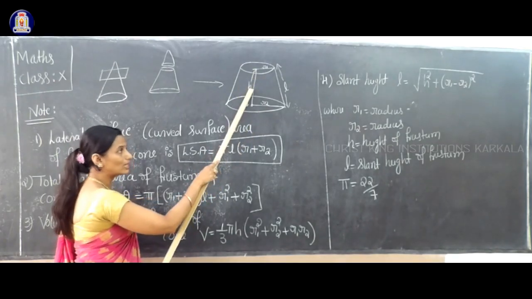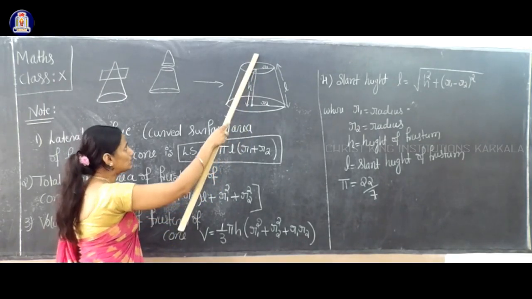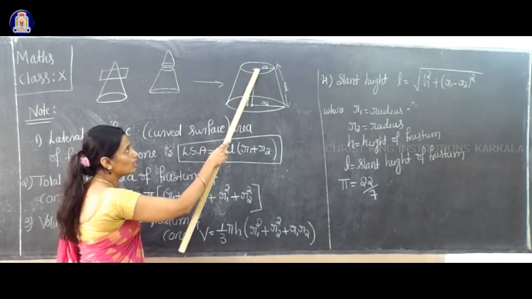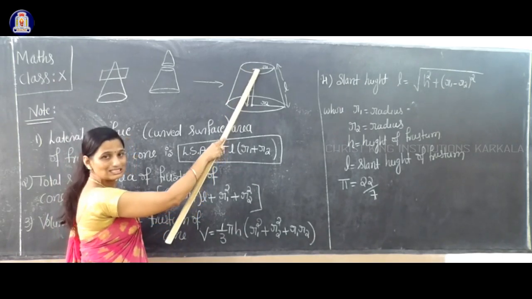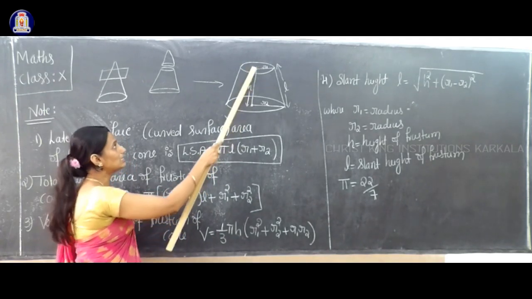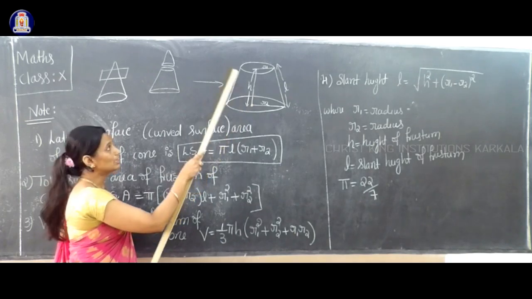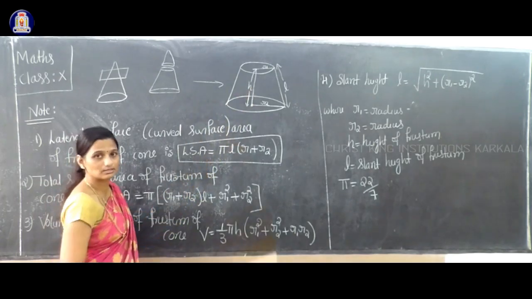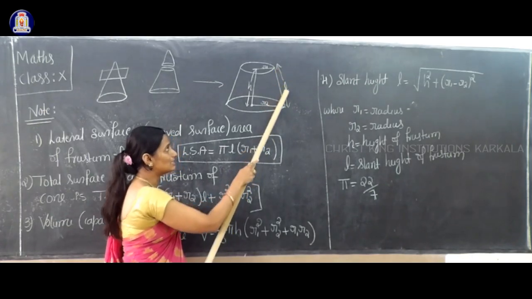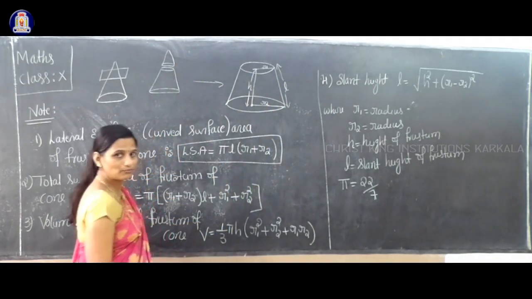And this is what? H. H means what? The height of the frustum. So height of the frustum is what? From the center of this circle to the center of this circle is called the height of the frustum. And this is the slant height. This is the slant height of the frustum.